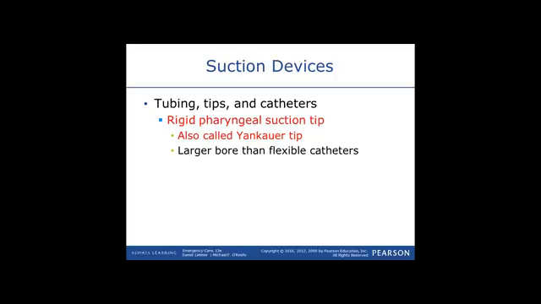It is also used to suction out the mouth, and that's pretty much it, just the mouth. You could put it in their nose, but that's mean. The flexible tip, which we'll talk about in a second, or the French tip, is usually for the NPAs or for the tubes. Everybody got yonker? Rigid, yonker.